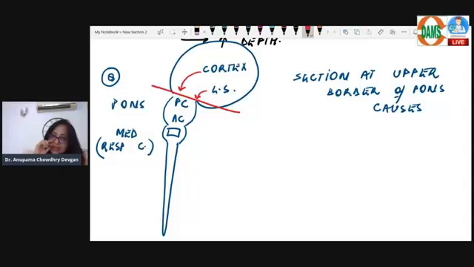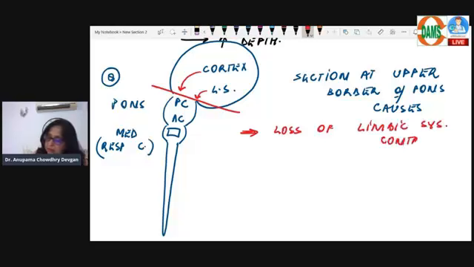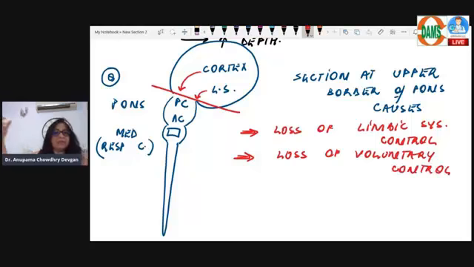Now, when you do a section at the upper border of pons, there is going to be loss of limbic system control, and there is going to be loss of voluntary control, isn't it? That means now the cortex and the limbic system cannot send impulses to the respiratory center in the medulla.